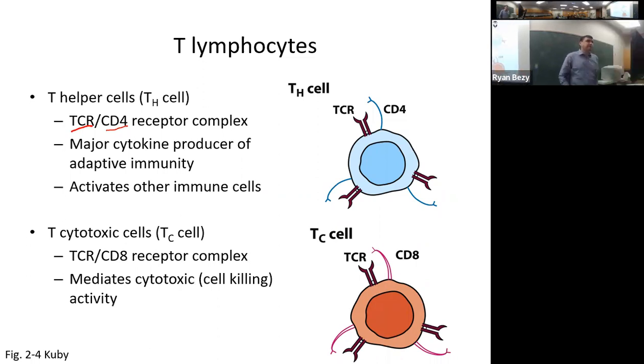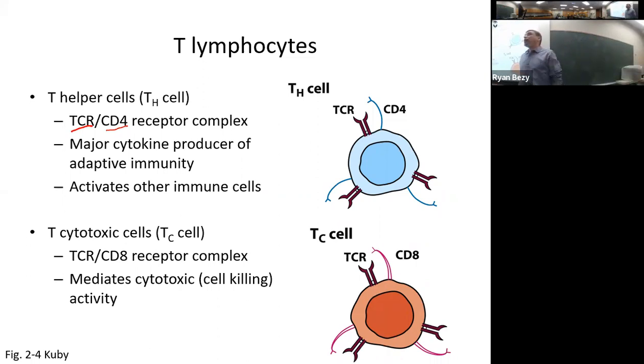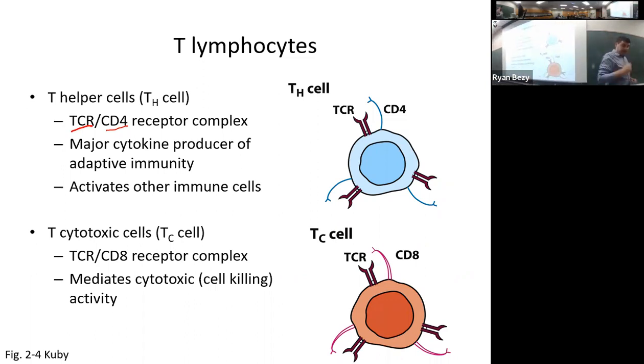Versus a T cytotoxic cell, which has a T cell receptor with a CD8 co-receptor complex. Its job is cell killing. It has what are called cytotoxic activity, and that just means cell toxic, cell killing activity.